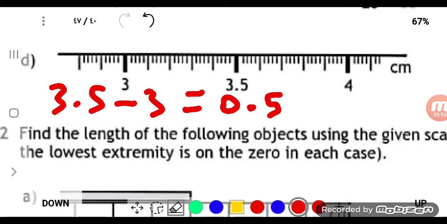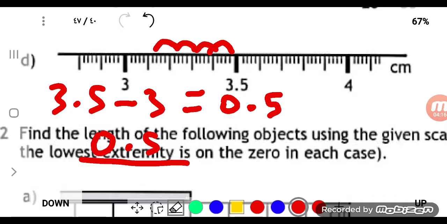Then I divide 0.5, which is the difference between the two notches, by how many spaces we have between 3 and 3.5. If you count them correctly, you can see that here you have 5 divisions, and 5, 5, 5, and 5. 1, 2, 3, 4, 5. So here you have 25 divisions. So I divide by 25.